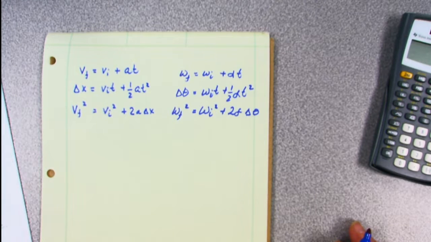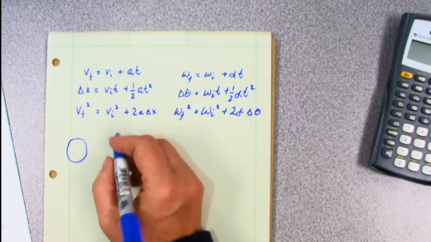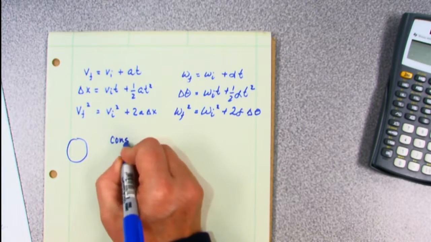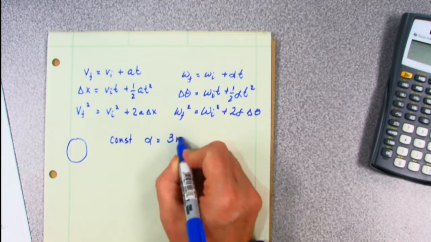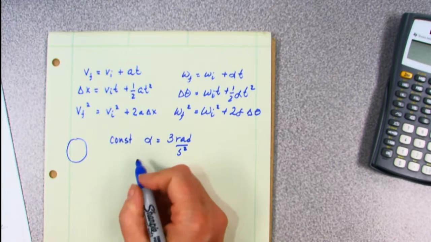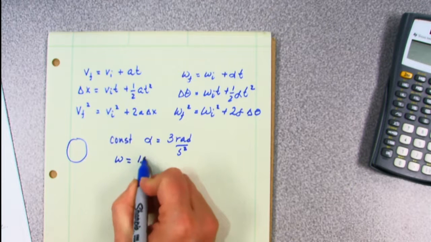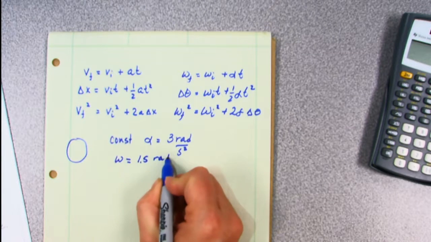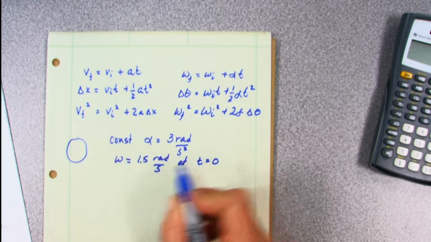All right, so we're going to look at our wheel again, because the wheel's an easy one to start with. We're going to have a constant angular acceleration of 3 radians per second squared, and we're going to start with an angular velocity of 1.5 radians per second at time t equal to 0.